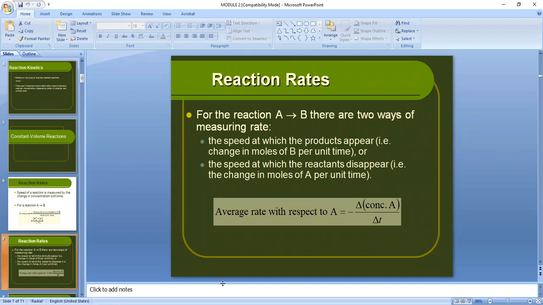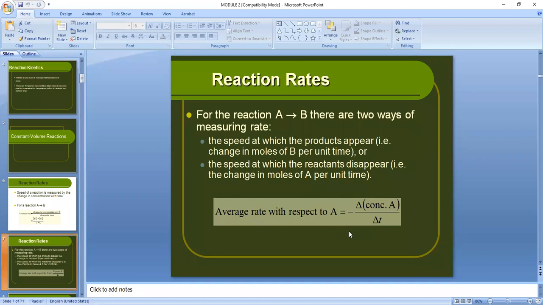So average rate with respect to A is the change in the concentration of A divided by the change in time, or the difference in time. Now you see here a negative. Why do you think this is? Do you have a negative sign in here?